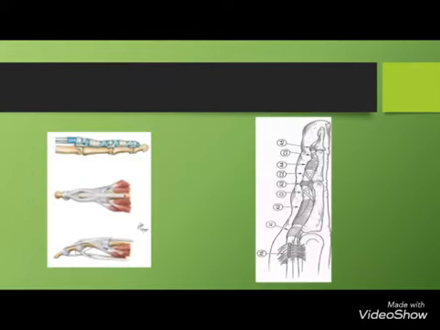There are 5 annular pulleys named A1 to A5 and 3 cruciform pulleys C1 to C3. So here is the figure of a single digit. These are the phalanx, and this is your metacarpal bone. This here, named PA, is the palmar aponeurosis, and these ring-like structures are your annular pulleys A1, 2, 3.